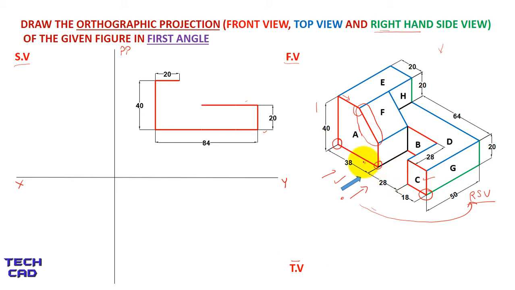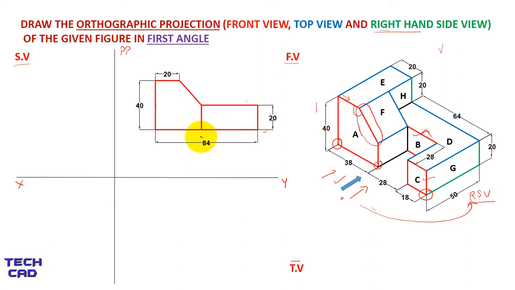As we know, from the front view I can see this red line also from this side, so I make this line also over here, which is 28 mm. After that, this inclined line we can make now because it is just a connection of two points, like this. So I make this inclined line. From 38 mm towards the right side we have a vertical line as well, so I make a vertical line over here.